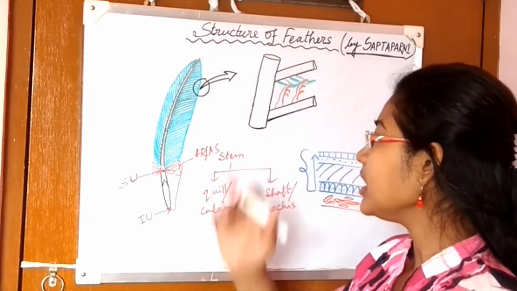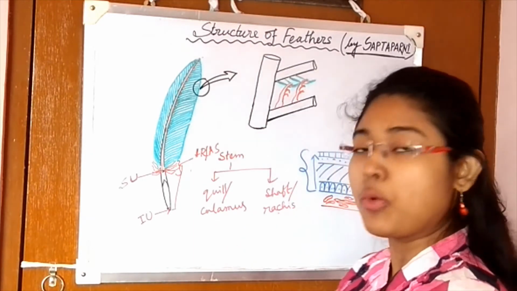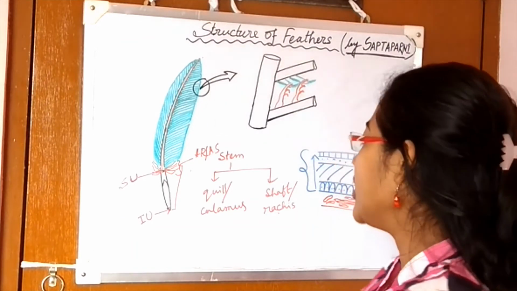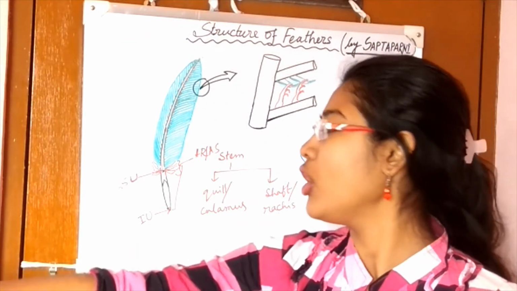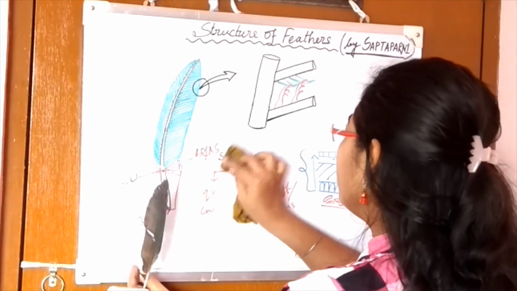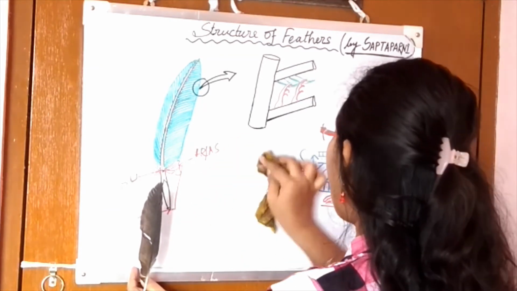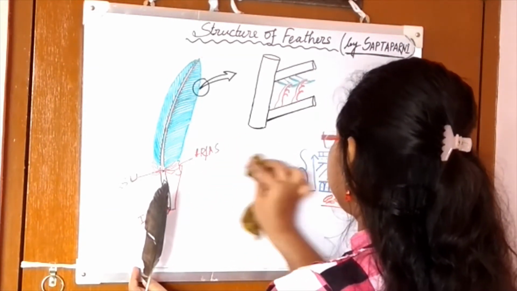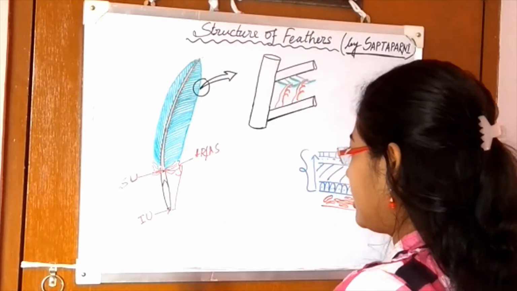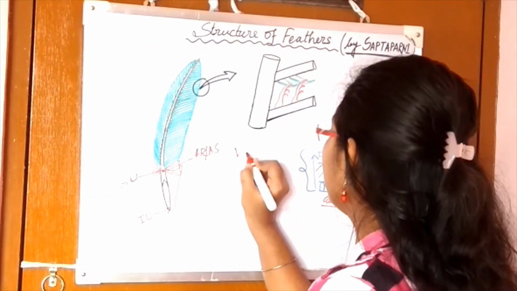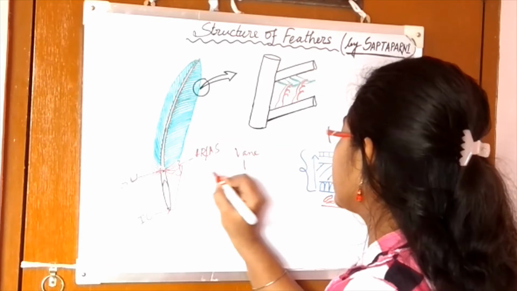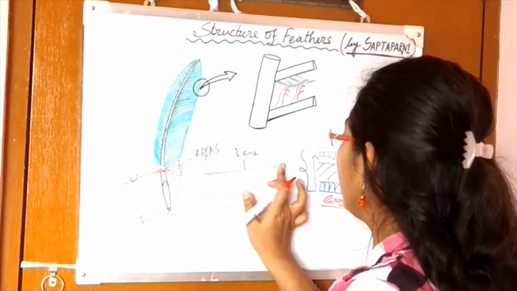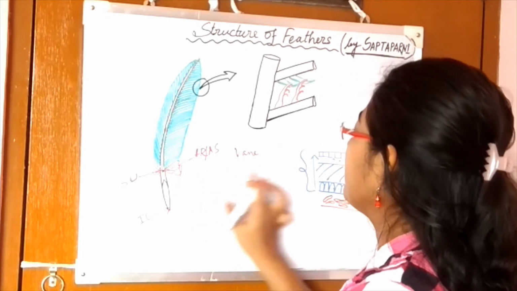Okay. Now, coming to the next portion of the feather. So, that is all about the stem. Now, coming to the vein or vexillum.